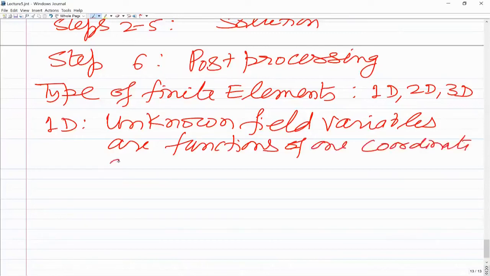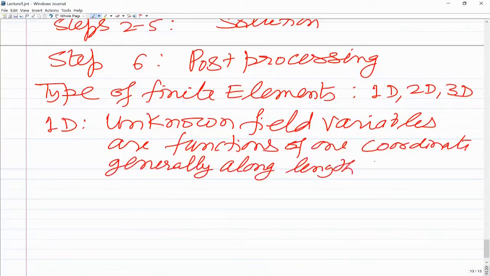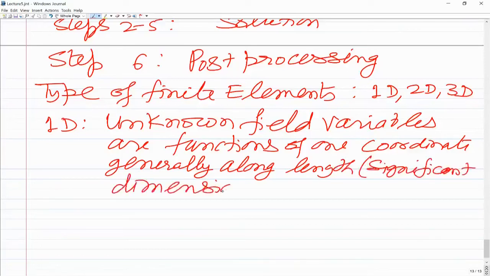That coordinate is generally along the length. Length I am calling the significant dimension, which means the other dimensions are going to be much smaller than this. Significant dimension, not dimensions.